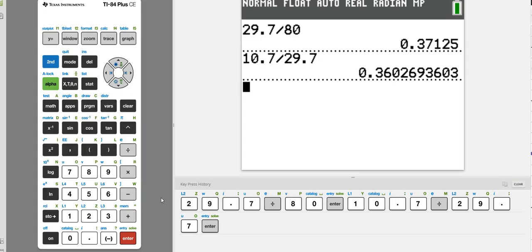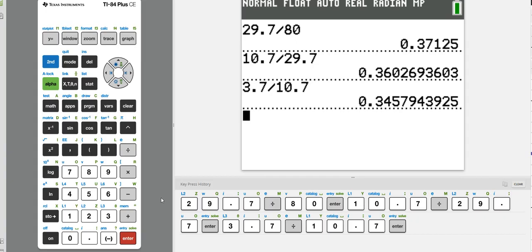Okay. No one said these were perfect. We can do one last one. We can do 3.7 divided by 10.7. And we're still in that same kind of ballpark there, about 0.35. It's hard to do these things exactly. I think you guys had outstanding results just based on this.